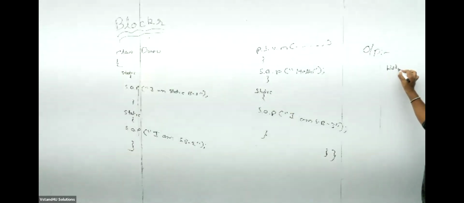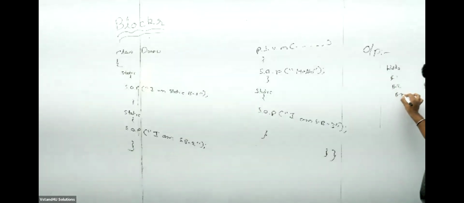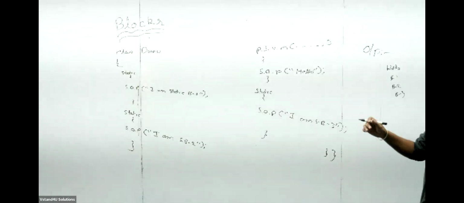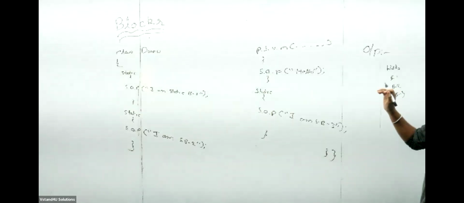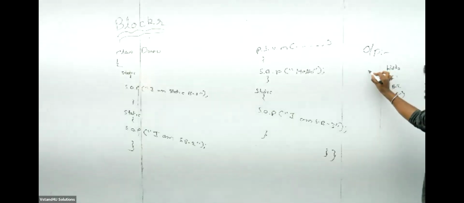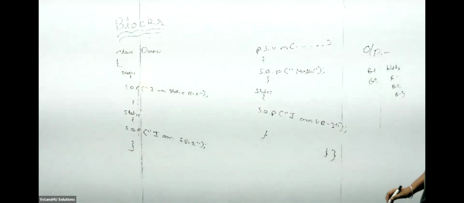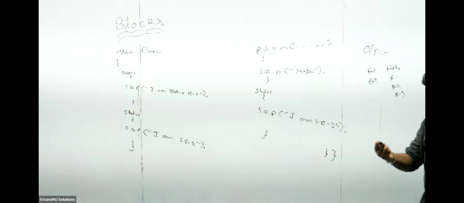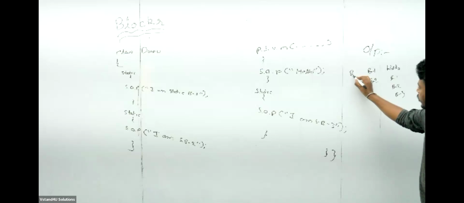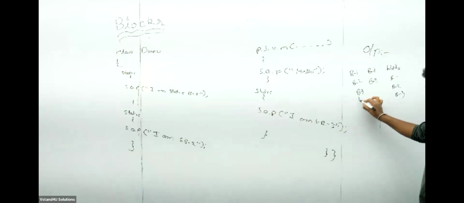Okay, hello. B1, B2, then B3. Any other output? Only B1 and B2? Then any other output, Lalima? B1, B2, B3, hello.